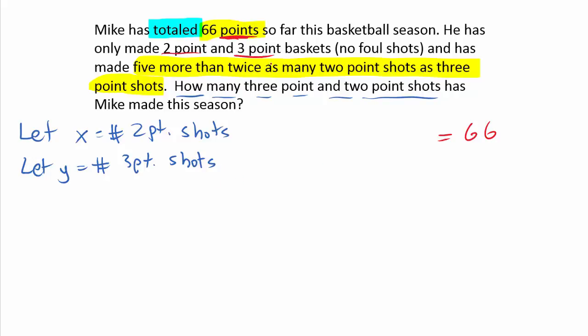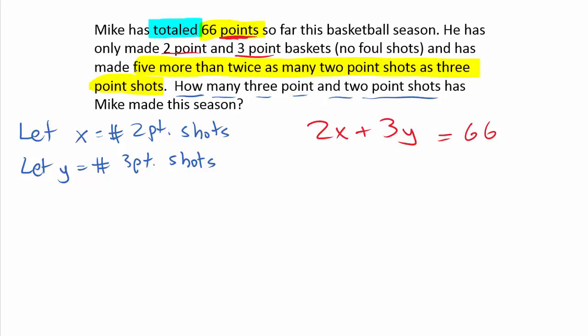So if I take 2 points times the number of 2-point shots he's made, plus 3 points times the number of 3-point shots he's made, we've got the points from 2-point shots plus the points from 3-point shots should equal the total points. So points plus points equals points. That'll take care of the total.